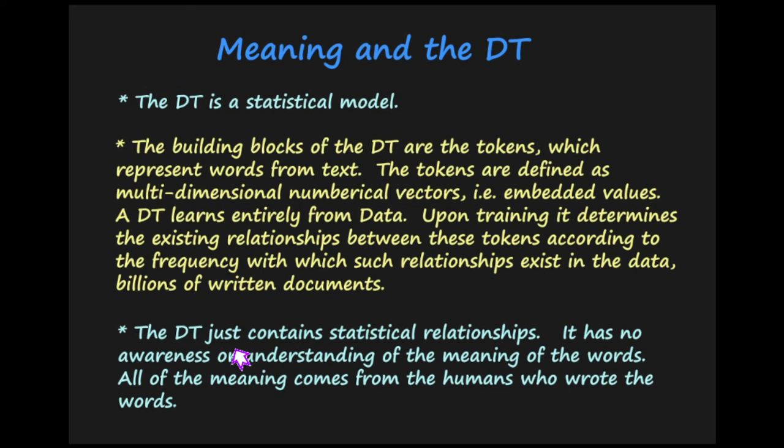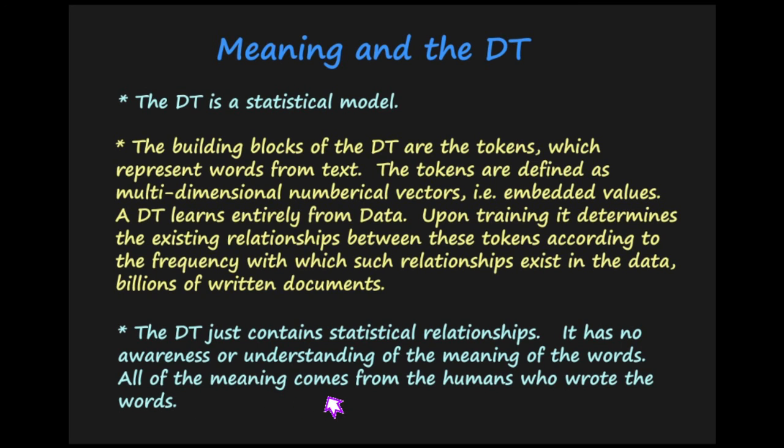And so the decoder transformer just contains statistical relationships among the words. It has no awareness or understanding of the meaning of words. It doesn't tie them down to reality. It just goes strictly on how often a word is in a certain context. Like the word elephant, it doesn't conceptually know an elephant. It hasn't seen an elephant. It's not aware of an elephant.